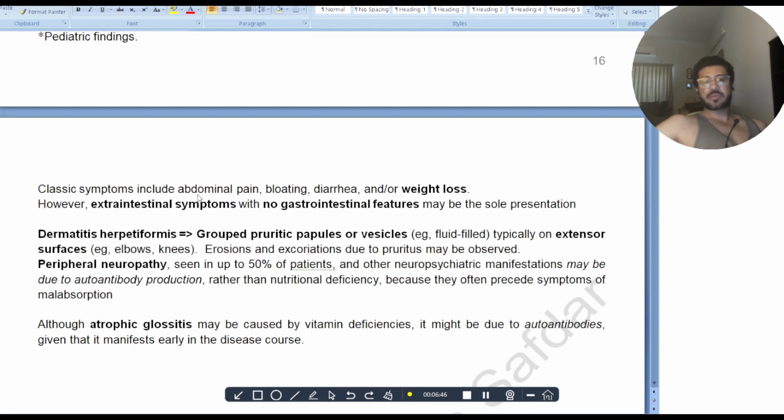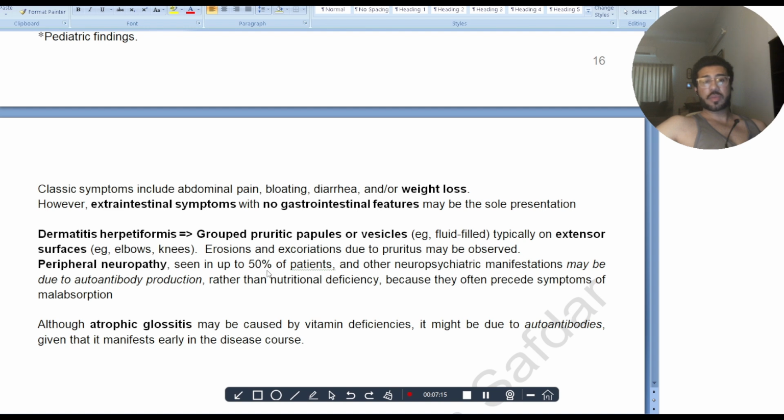So classic symptoms of, they're talking here about celiac disease. Classic symptoms include abdominal pain, bloating, diarrhea, and weight loss. However, extraintestinal symptoms with no gastrointestinal features may also be the sole presentation. So the presentation can be variable. Dermatitis herpetiformis, that is a high yield one. It's an itchy rash on the extensor surfaces with papules and fluid-filled vesicles.